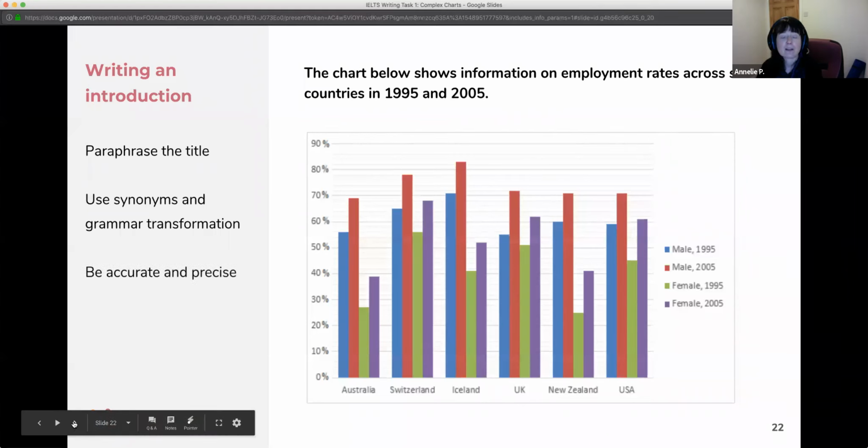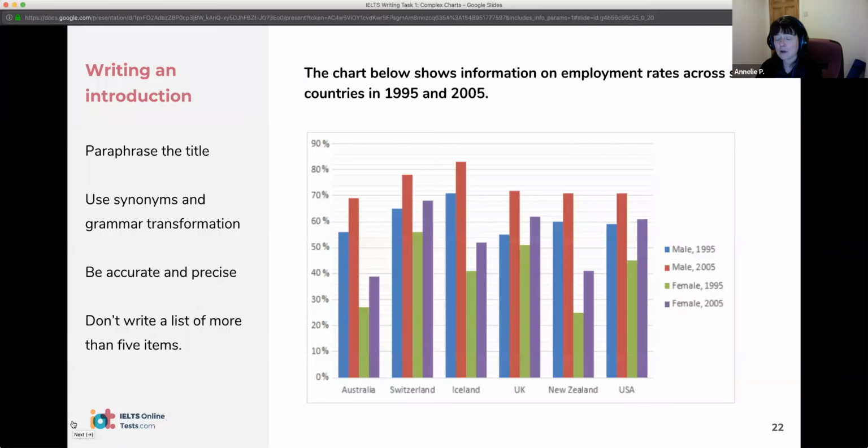Okay. And yeah, make sure that what you put is actually accurate. Okay, the examiners do check what you've written against the chart. They don't not look at the chart. So make sure that what you've done is precisely what is there on the chart. Okay. All right. And keep it quite short. Don't put a lot of information.